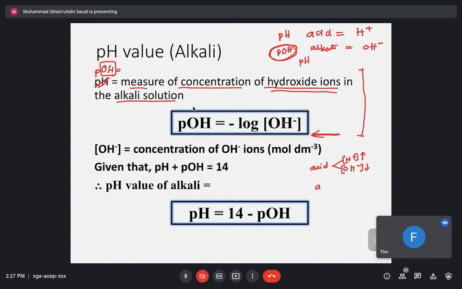Dalam alkali, dia ada hydroxide ion. Kita ada juga hydrogen ion. Cumanya hydrogen ion punya concentration is very low. Manakala hydroxide ion punya concentration is very high.